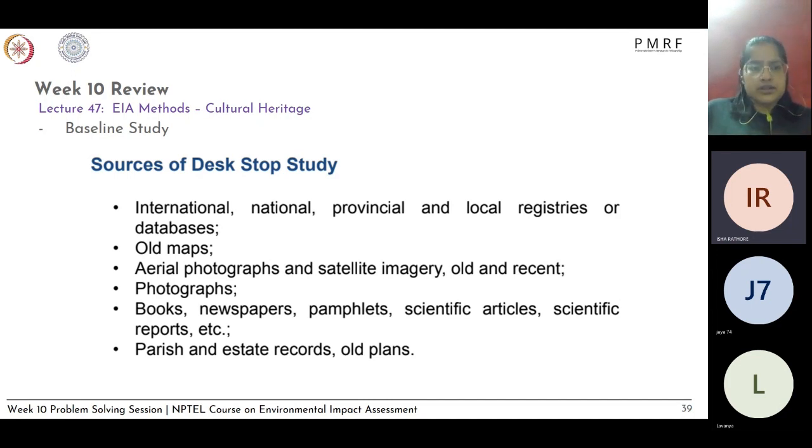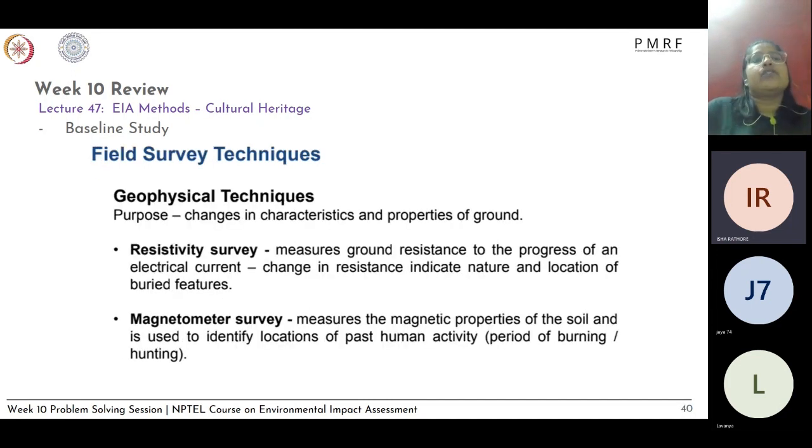So this is for a desk-based study. And then for field surveys, you can use geophysical techniques like resistivity survey, which measures the ground resistance to electric current. Then magnetometer survey, which measures the magnetic properties of soil and is used to identify locations of past human activities.